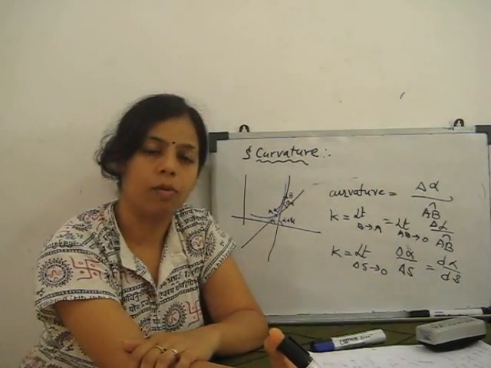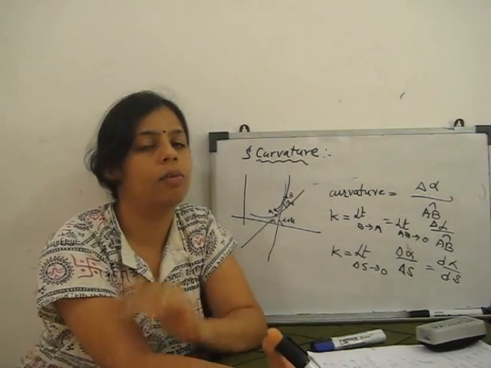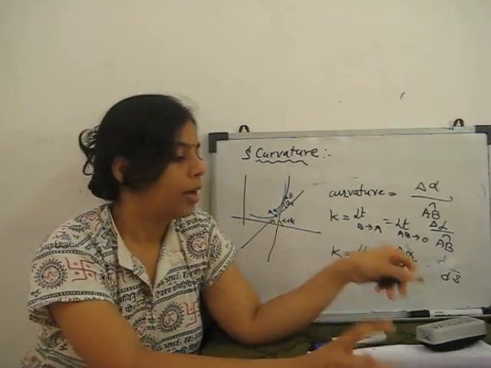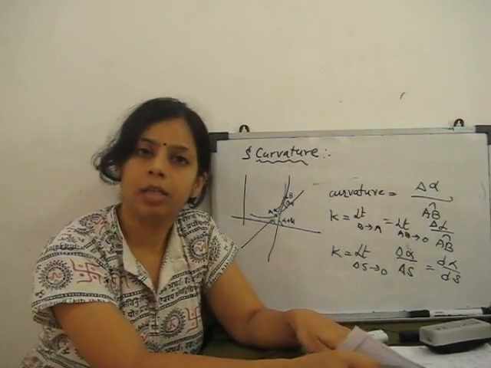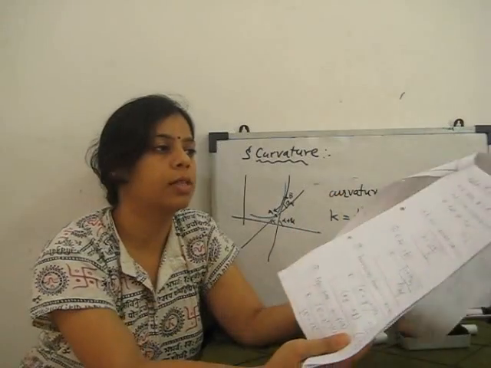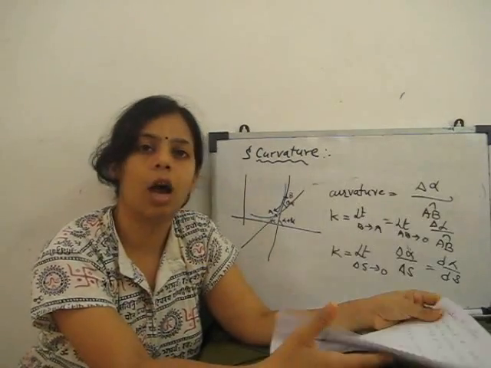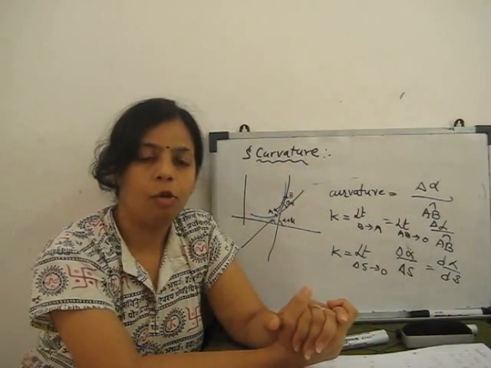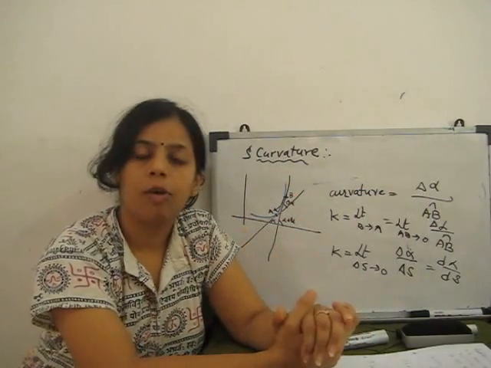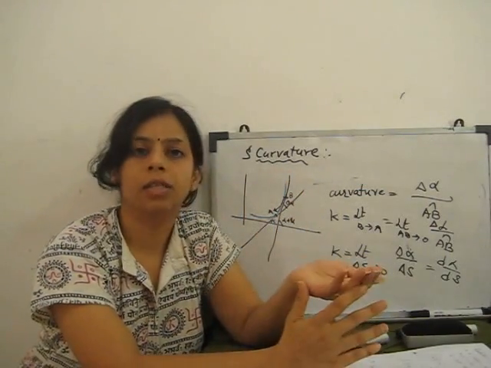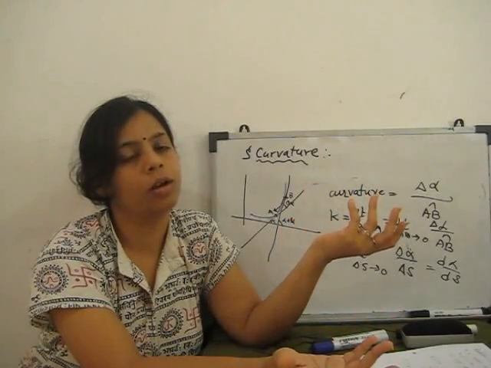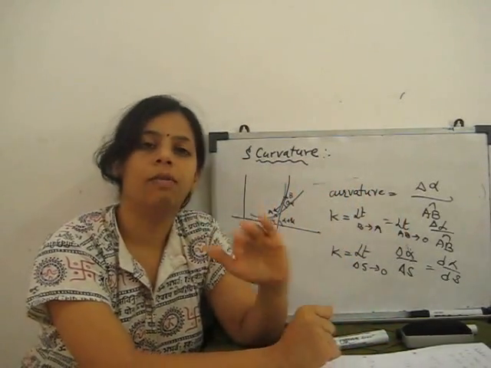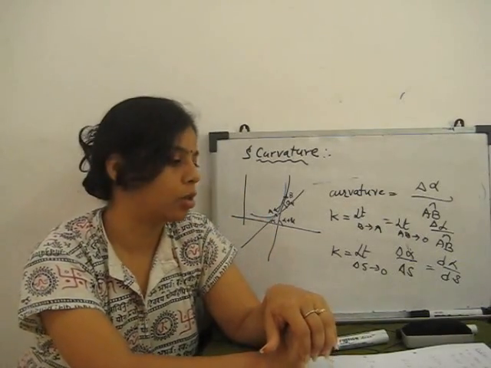Before I give you the formula for curvature, we talk about one more thing, radius of curvature. Radius of curvature is entirely the opposite of the curvature. If we have the formula for radius of curvature, we reverse the formula and it becomes the formula for curvature. If we have the formula for curvature, we reverse it and it becomes the radius of curvature.